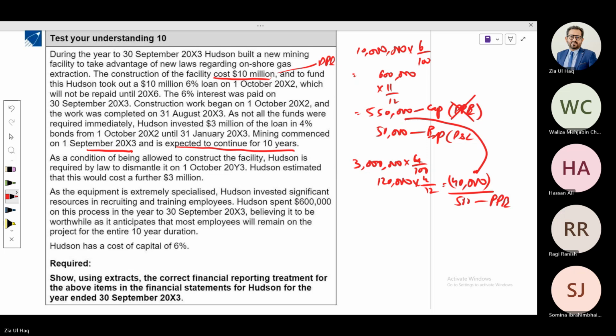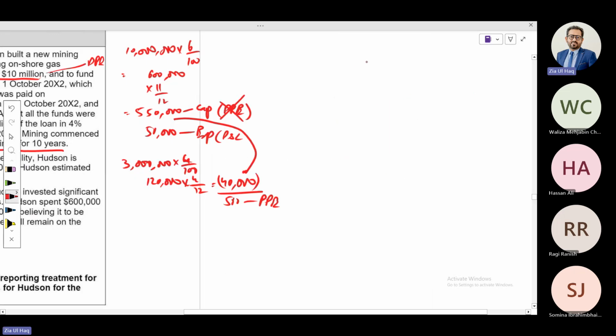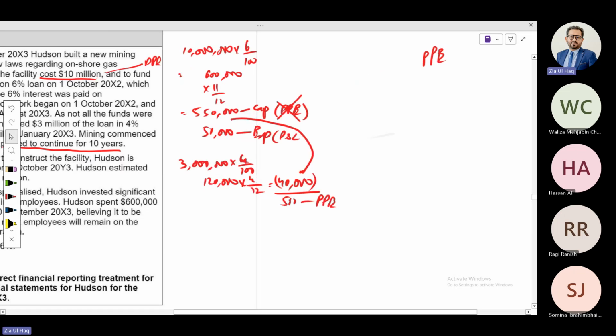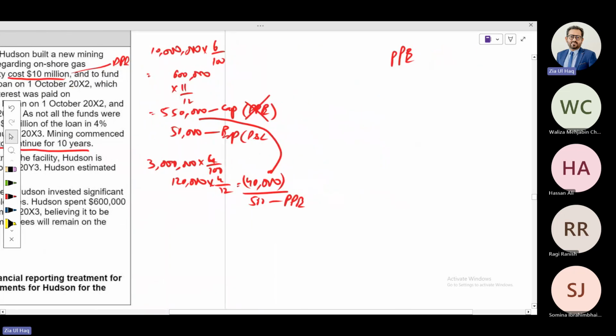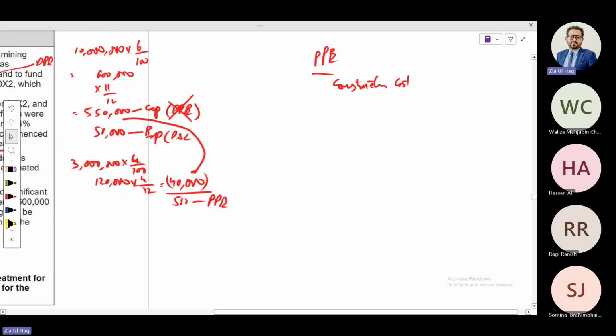This means if we see property, plant and equipment, the amount should include 10 million, the construction cost, and the borrowing cost. How much should we charge? 510,000.